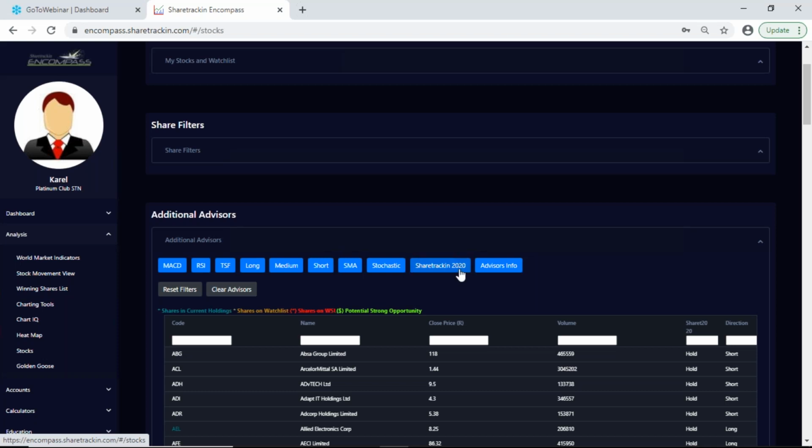So I inserted the Sharetrackin 2020. First of all, it gives me the company's code. I must always remember each company on the JSE has its own unique 3-letter code linked to its name. Then I have the company's name. I have the closing price of that share.